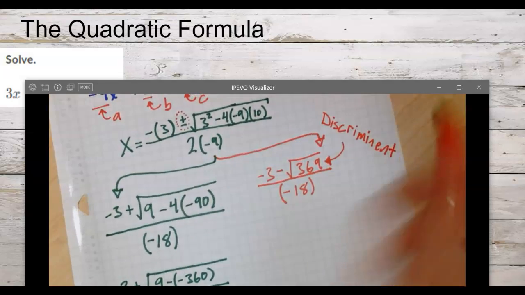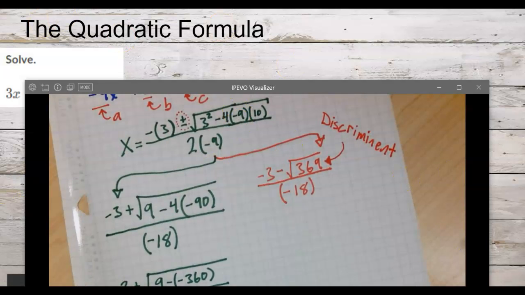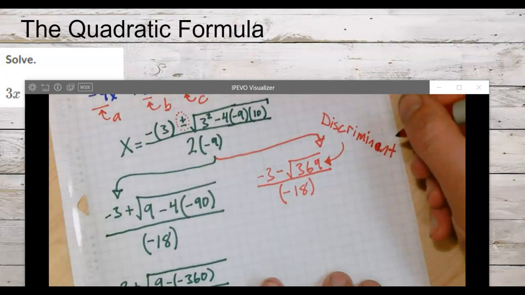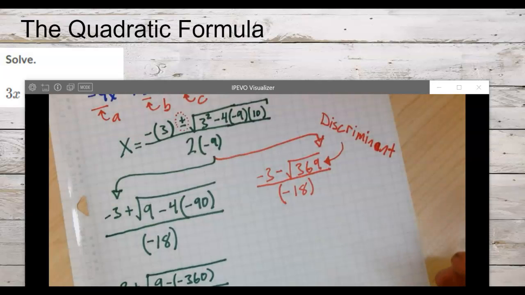I think, give me 2 seconds and I can find out. D-I-S-C-R-I-M-I-N-A. Dang it, this is an A. N-A-N-T. Sorry, I didn't say I was sure about my spelling. That's like the last thing you're going to hear me say.